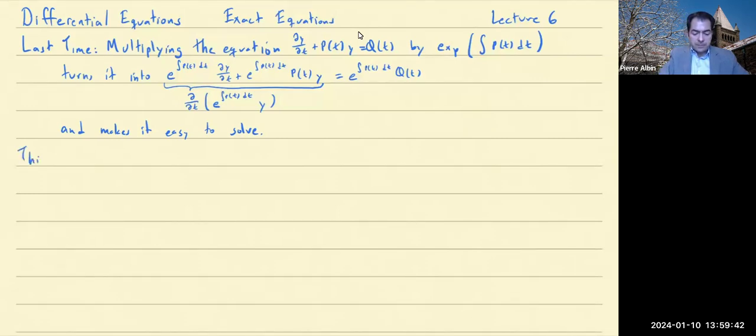This time, we're going to talk about exact and other special first-order equations.